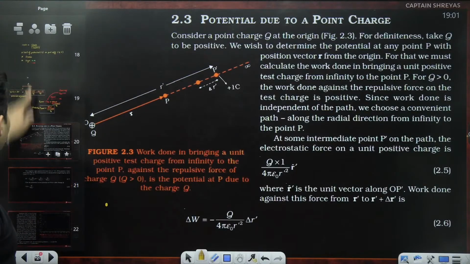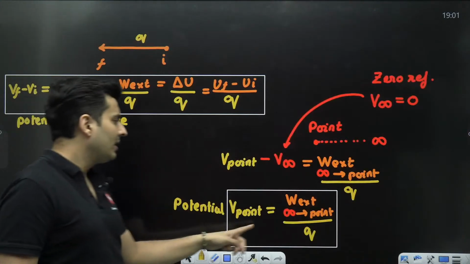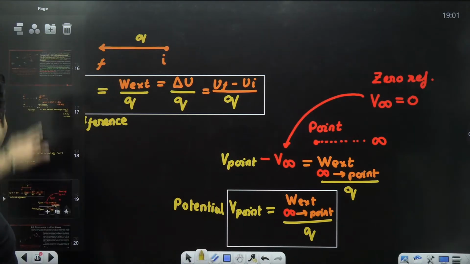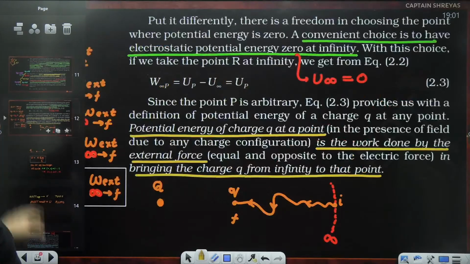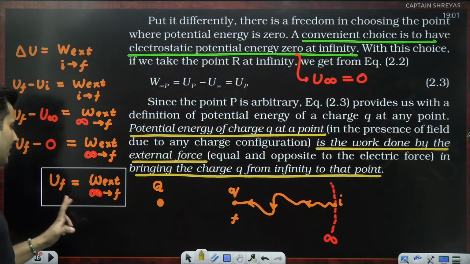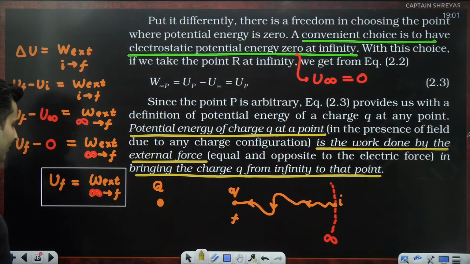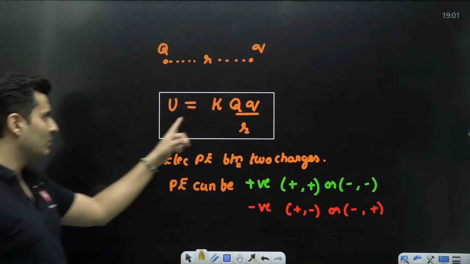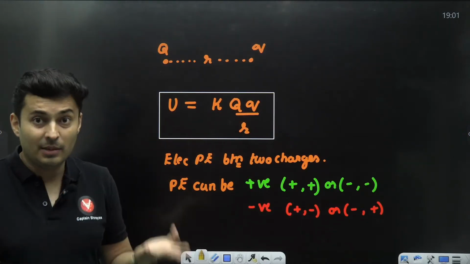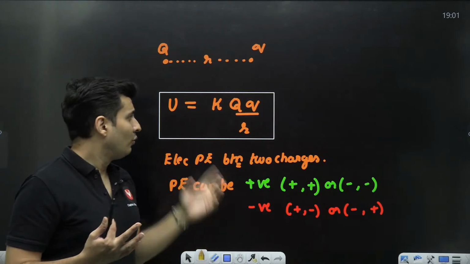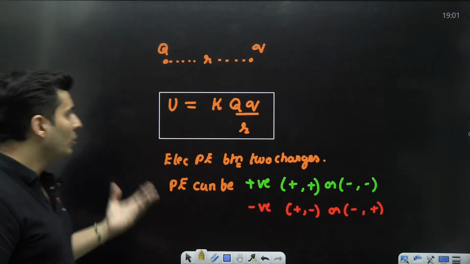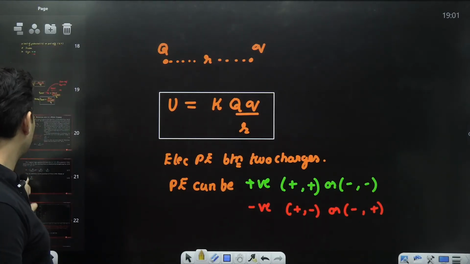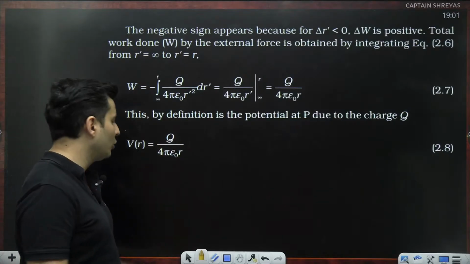Just logically think and tell me: if potential is the work done by Q, and before this I told you that energy was just the work done without dividing it by Q, and we had found the formula of energy, which was KQQ by R. Think about it. What will be the value of potential due to a point charge going by this formula? It will be exactly KQ by R.